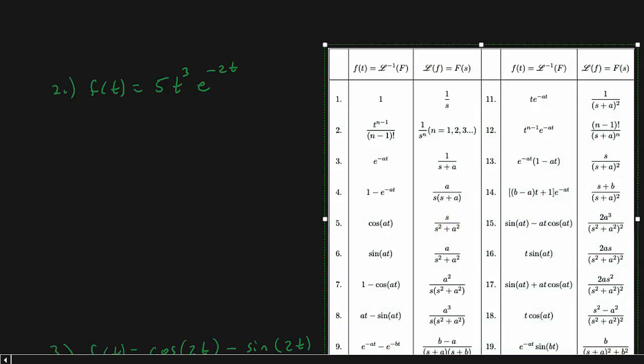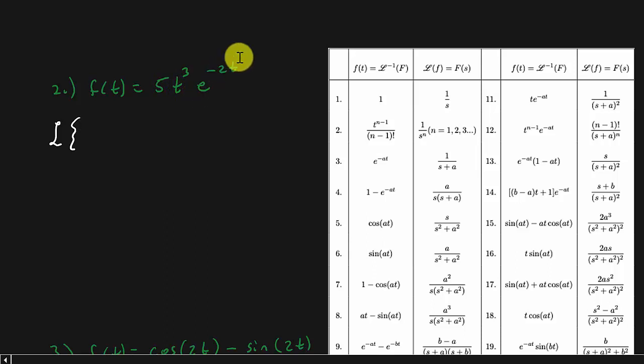All right, so for this one, we've got f of t equals 5t cubed e to the negative 2t. All right, so here we've got the Laplace transform. Okay, so before I write this, let's do this. The Laplace transform of, now we've got 5t cubed e to the negative 2t.